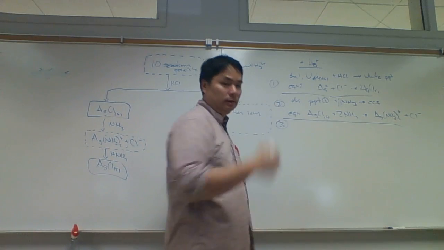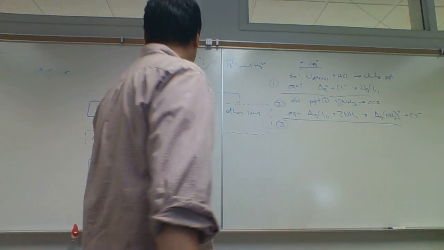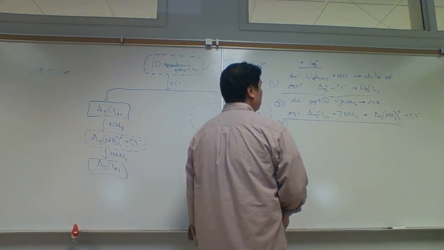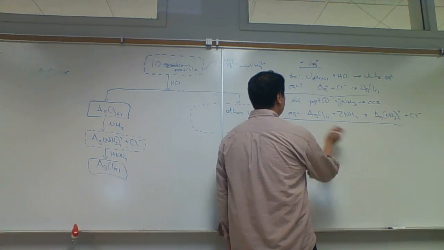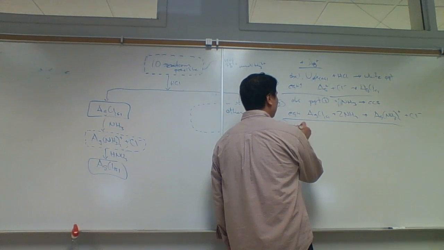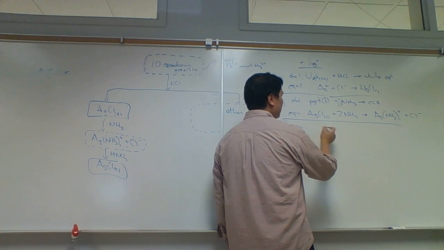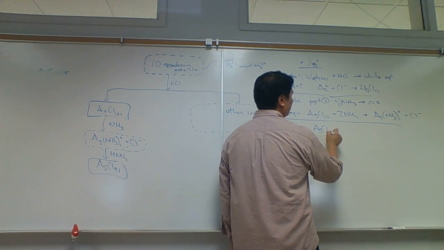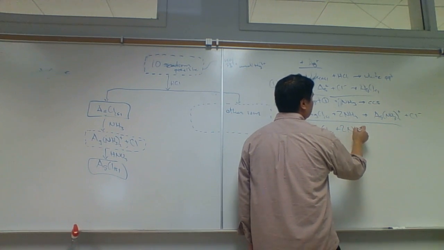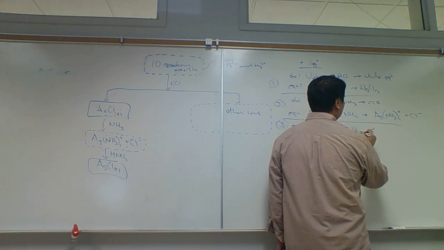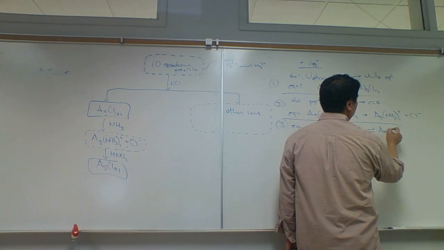Okay, 3. Then what we're going to do is we're going to kill it off with nitric acid. And so there are different ways we can do this. We can do this by Le Chatelier's principle. Le Chatelier's principle says we're going to have some kind of equilibrium between silver chloride and 2 ammonias, which can be represented like this.